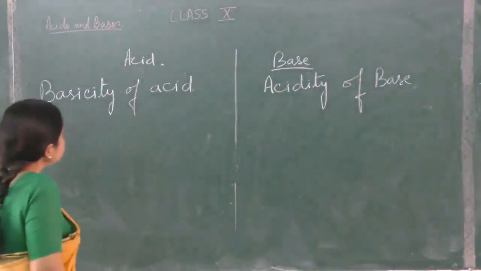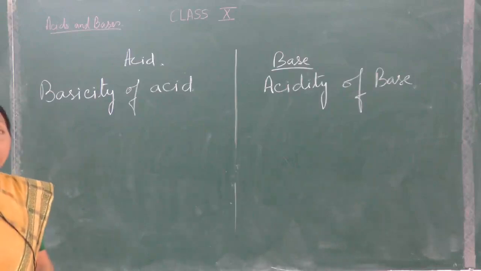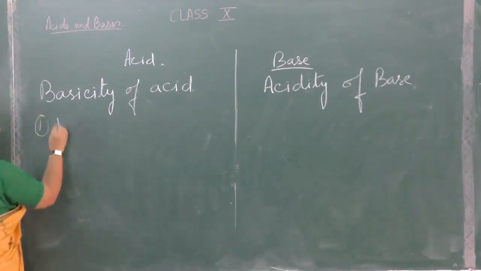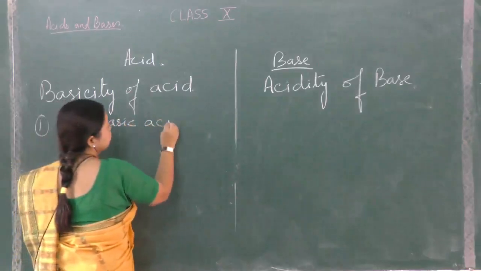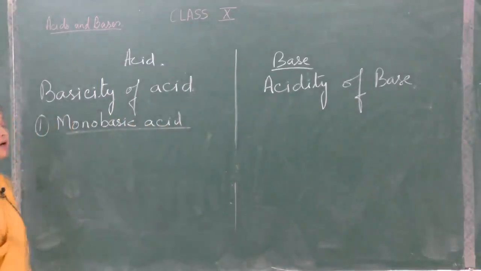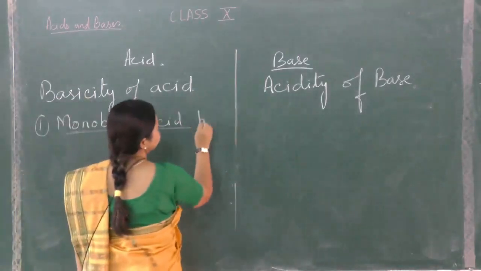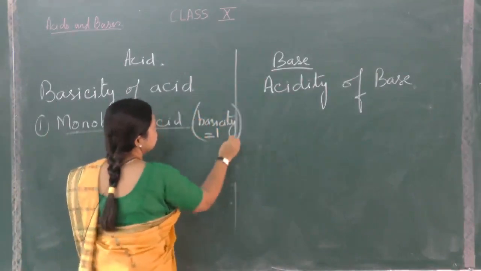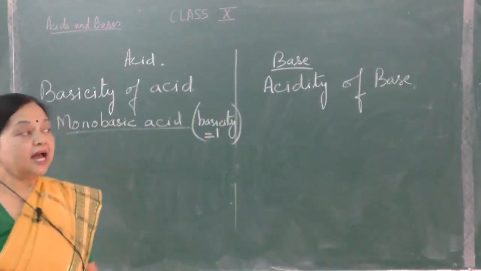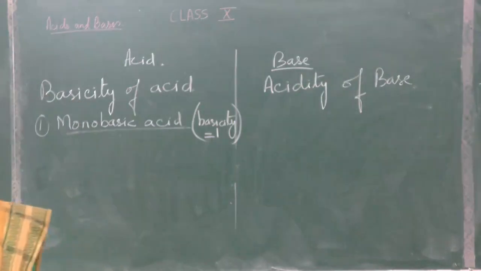Now what is meant by the basicity of an acid? Basicity is 1, a monobasic acid. First we will deal with monobasic acids. What are monobasic acids? The acid's basicity is 1. When the acid, when dissolved in water, furnishes only one hydrogen ion per molecule of acid, then it is called a monobasic acid.